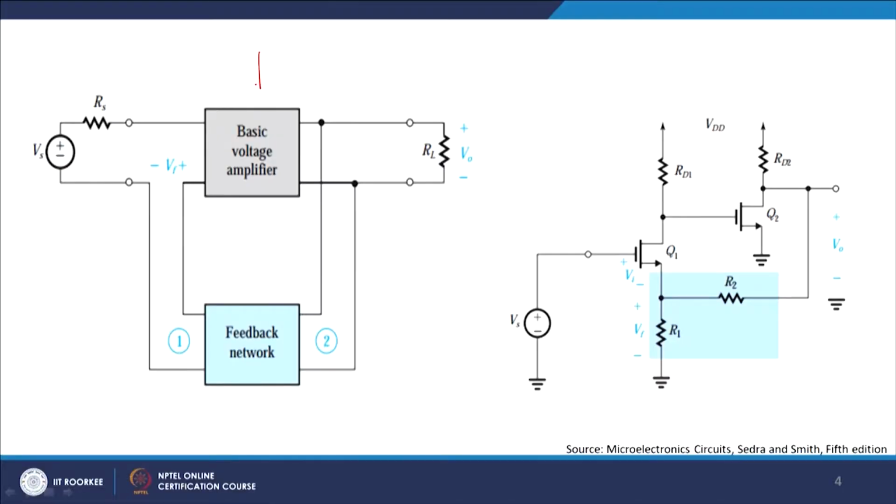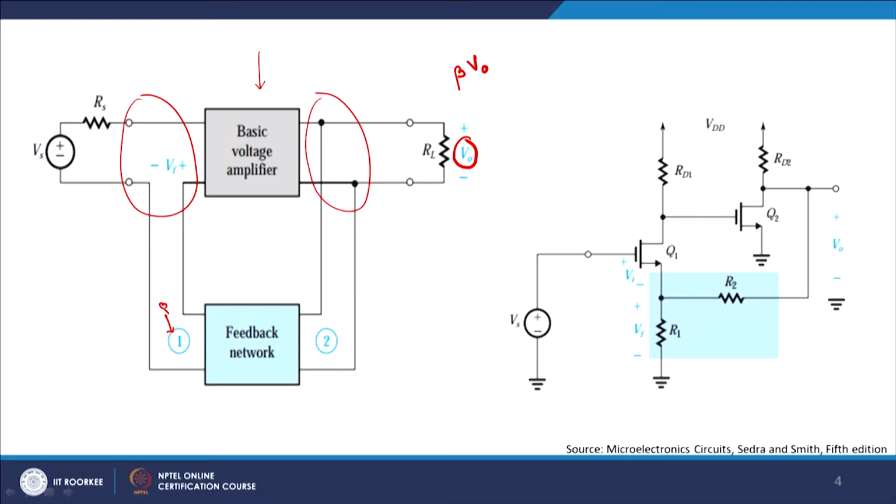So, this is the basic architecture of our basic voltage amplifier. As you can see, this is your sampler and this is your mixer, and you do have the load. The feedback network takes a portion of this V0, and therefore you will have beta times V0 coming at this point.